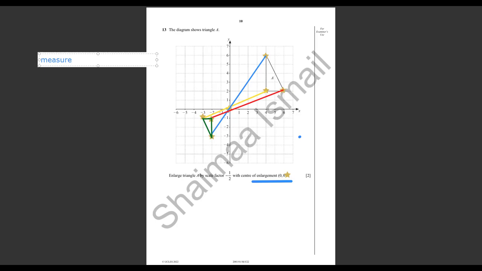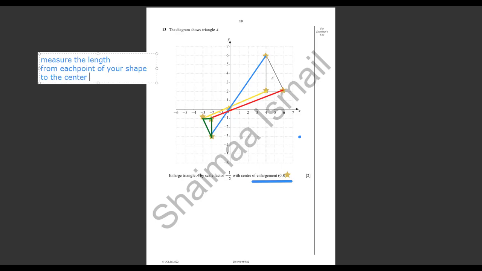Measure means use your ruler or your protractor or whatever you measure with. So measure the length from each point of your shape to what?